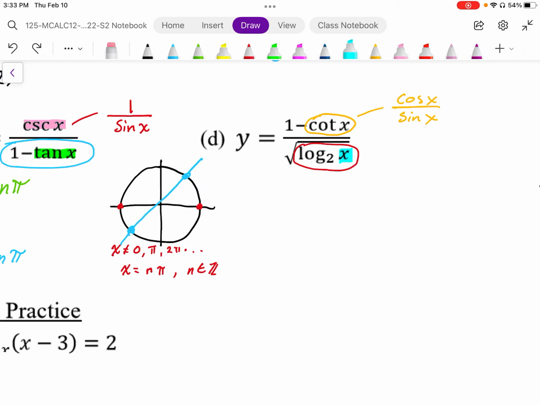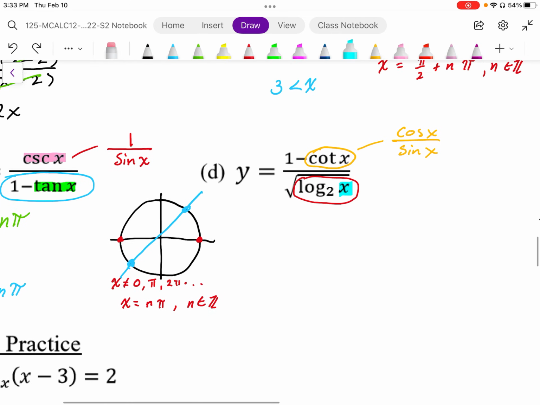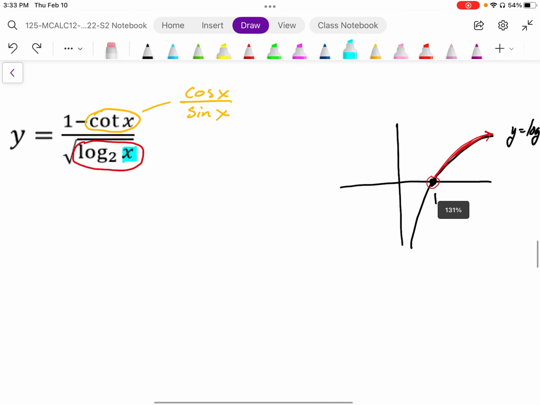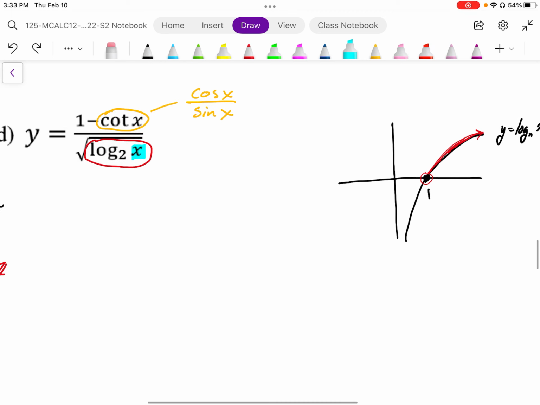Going back to this picture here, I'll start with the denominator restriction. The denominator restriction becomes x must be greater than 1. Any x greater than 1 will avoid the 0, and it will also give me positive log values, which I can then square root.